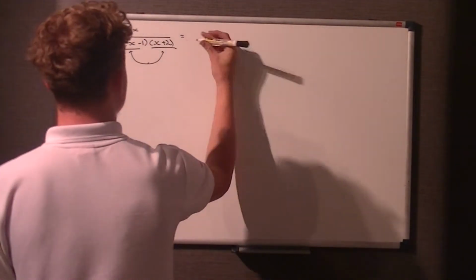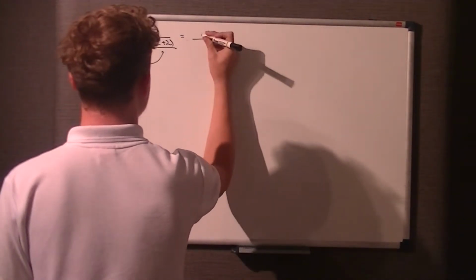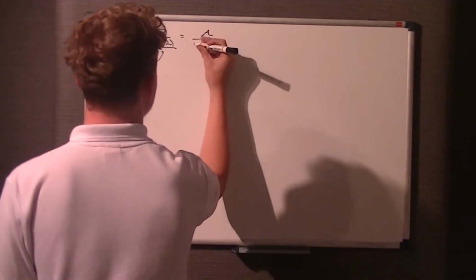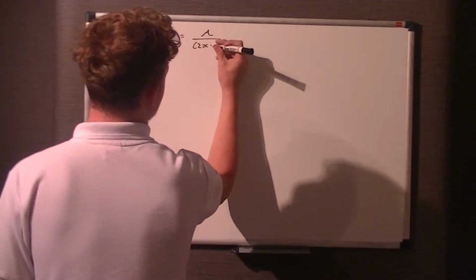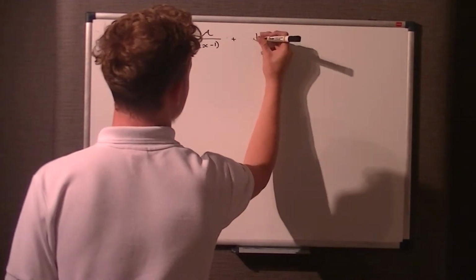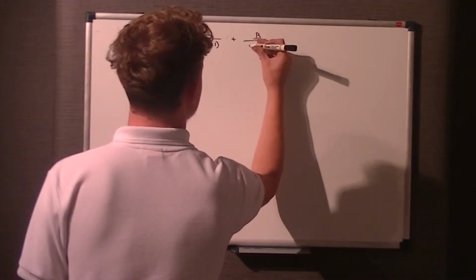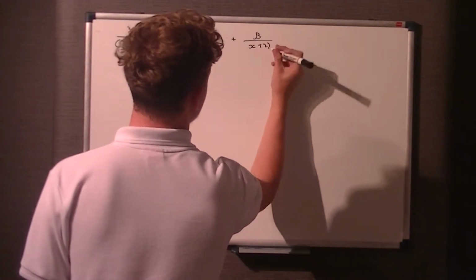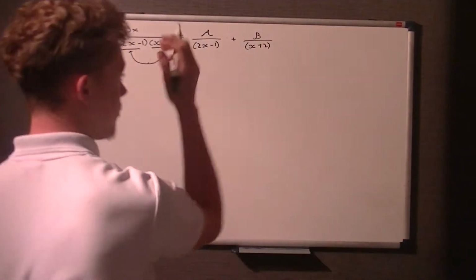Generally the first linear factor goes first, so let's call that first constant A, A over 2x take 1, plus B over x plus 2. Okay, so that'd be your two linear factors.